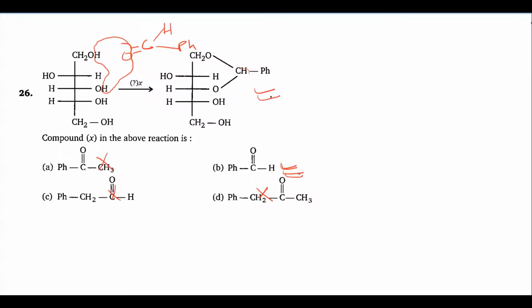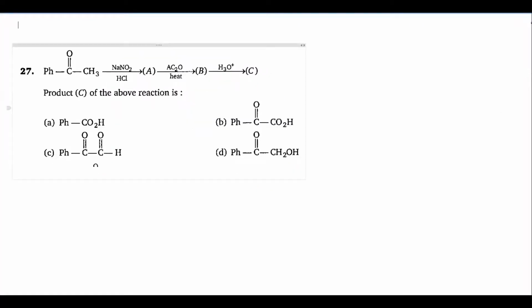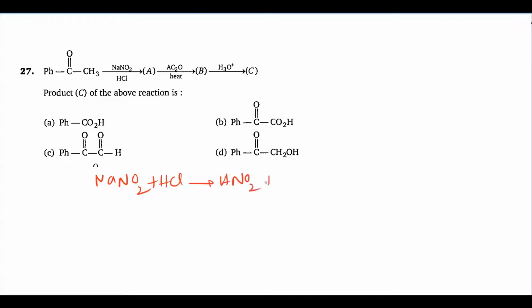The next question, number 27. Okay, question number 27. Yes, next question is this, very simple. So first of all, acetone, NaNO2 HCl. This is treated with HNO2 plus NaCl. So this is HNO2, OH minus, NO plus here.